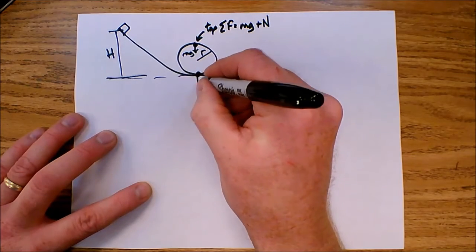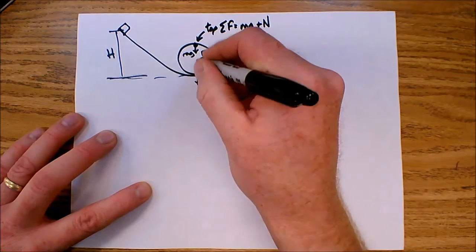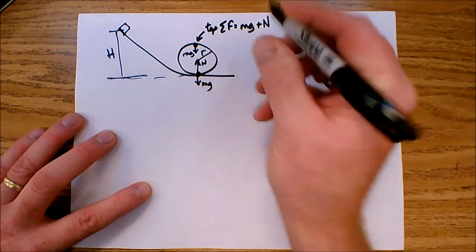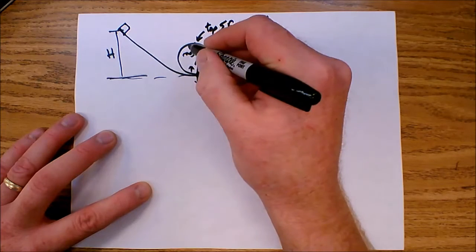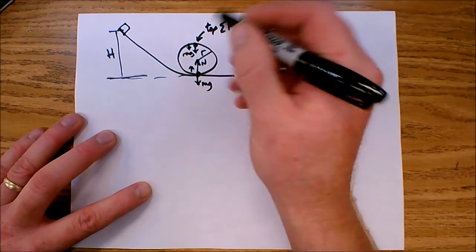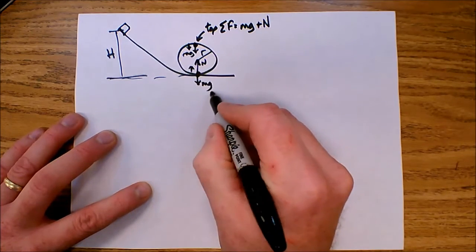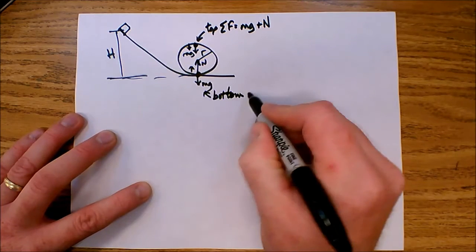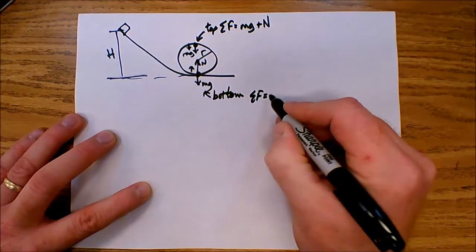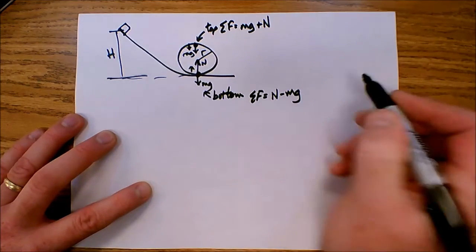At the bottom, we have mg and the normal force, and because it's moving in a circle, at the bottom it's accelerating towards the center. At the top it would also be accelerating towards the center. So at the bottom, our net force is going to be normal minus mg.